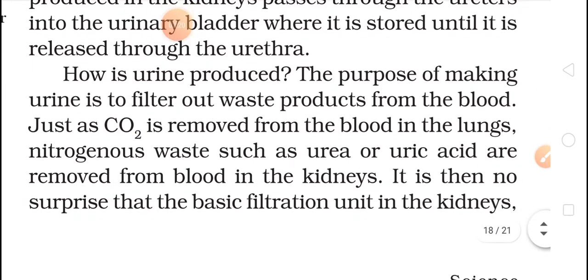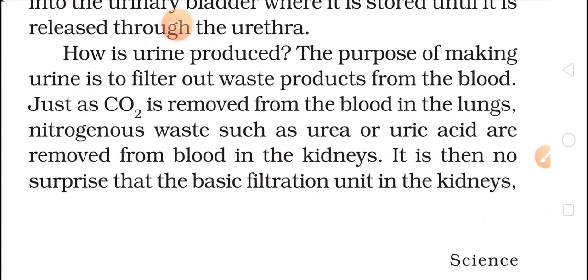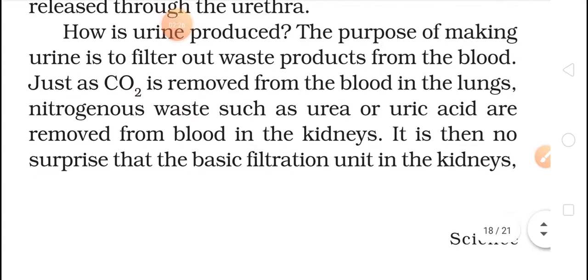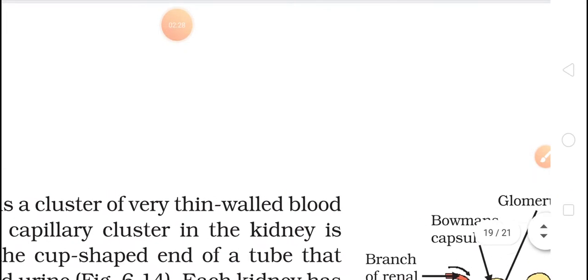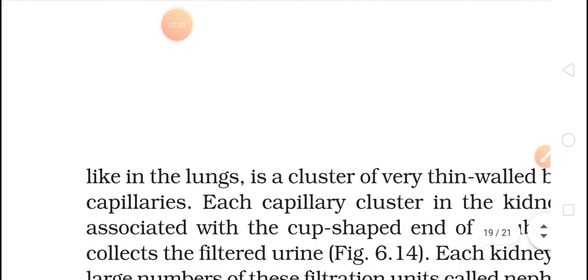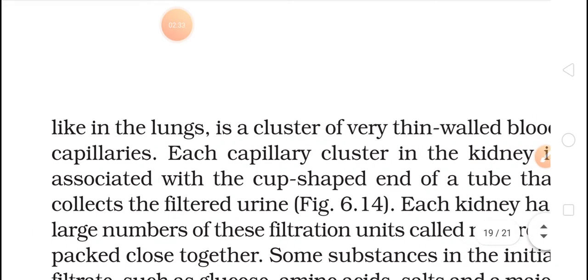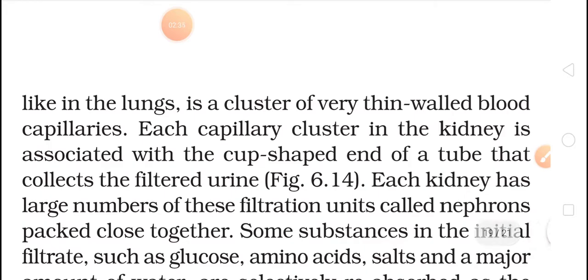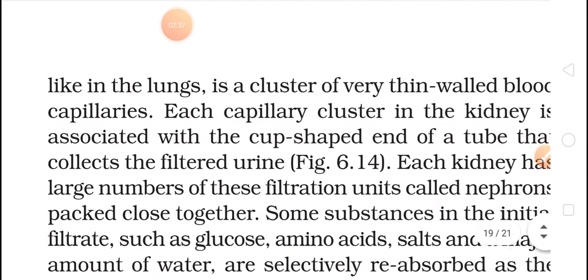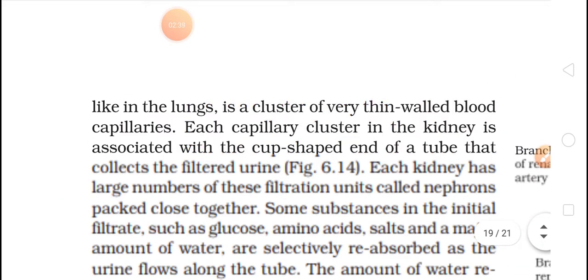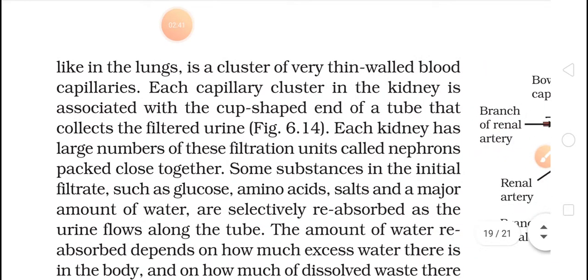Okay. So it is then no surprise that the basic filtration unit in the kidney, like the lung, is a cluster of very thin-walled blood capillaries. Okay, so what we have is very thin capillaries. Okay, each capillary cluster in the kidney is associated with a cup-shaped end of a tube that collects the filtrate.